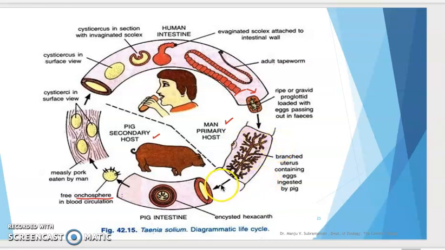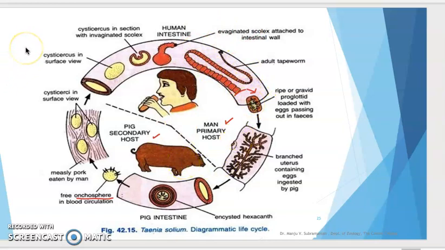The embryonic eggs remain, and when this contaminated soil along with the fecal matter is fed upon by the pig, the eggs reach the intestine of the pig. So that is the transfer from a human to a pig.